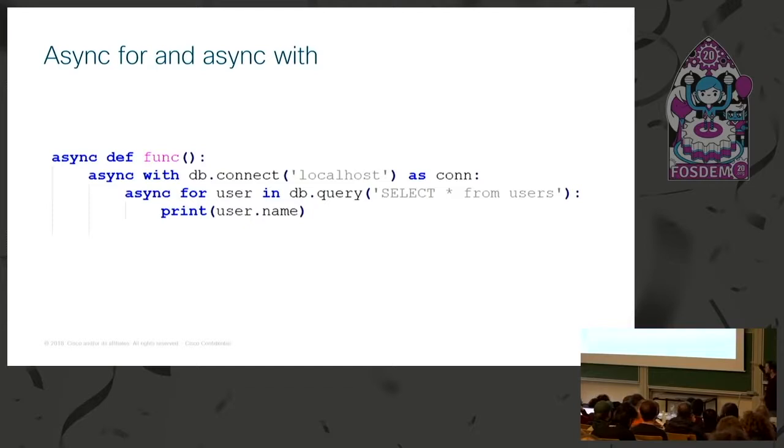So that means that every iteration of the for loop involves possibly waiting for the network response to arrive. And so that needs to be asynchronous. That's when you have an async for. And these two are typically things that you have to use for many async I/O libraries.